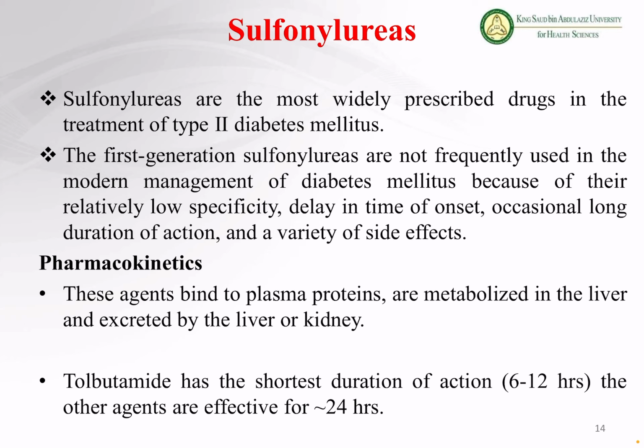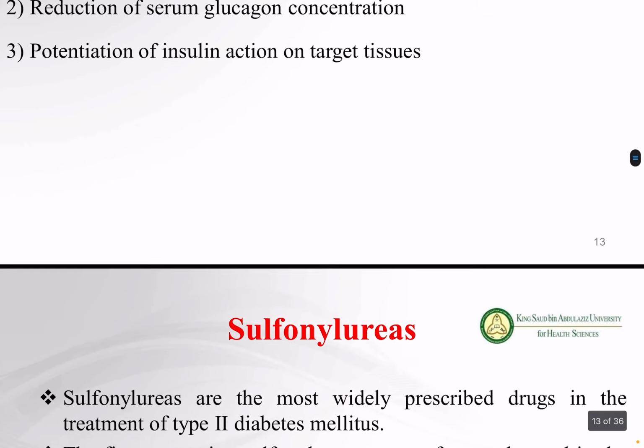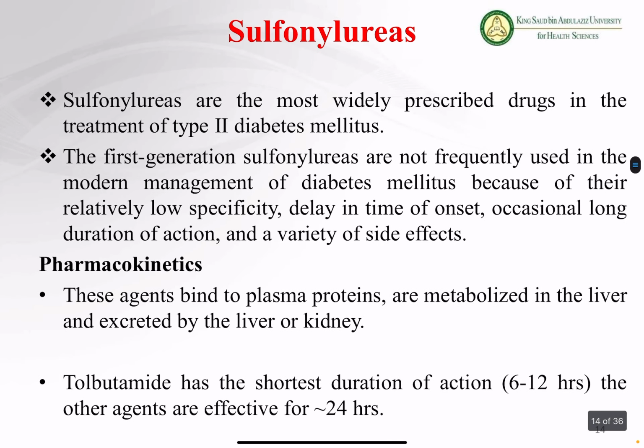The second generation basically replaced the first generation in most cases. Pharmacokinetically, these agents bind to plasma protein, are metabolized in the liver, and are excreted by the liver or the kidney, depending upon the drug. Tolbutamide, one of the shortest acting first generation drugs, has a duration of action of about 6 to 12 hours, and the other agents are effective for approximately 24 hours. So this is about the sulfonylurea.